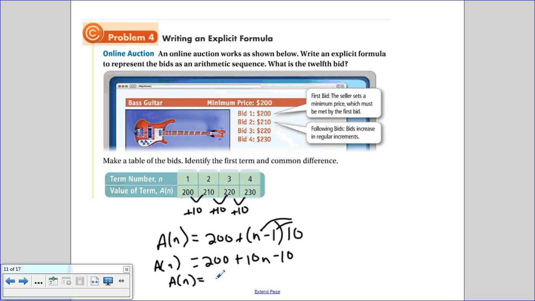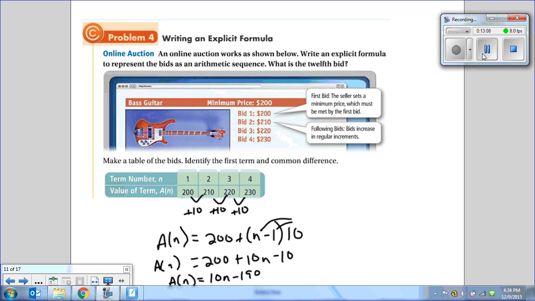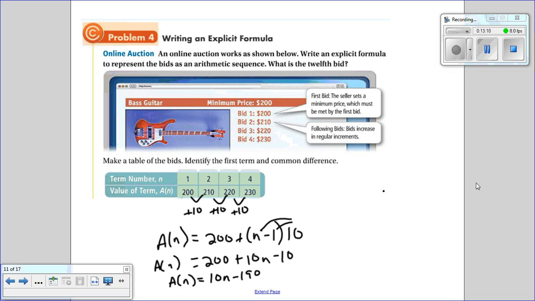It's 190, but I'm going to flip these, so I'm going to write 10n minus 190. Sorry about the pause. I knew I did something wrong, and I couldn't figure out what. It's not minus 190. It's 200 minus 10 is positive 190. I was stuck for a second.